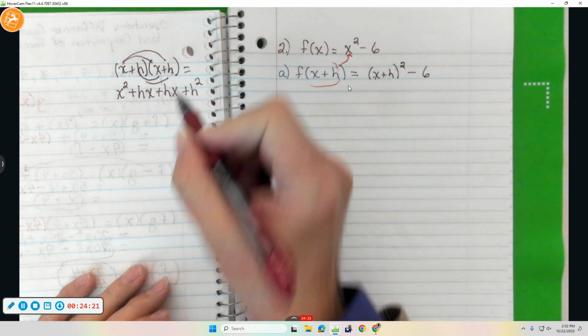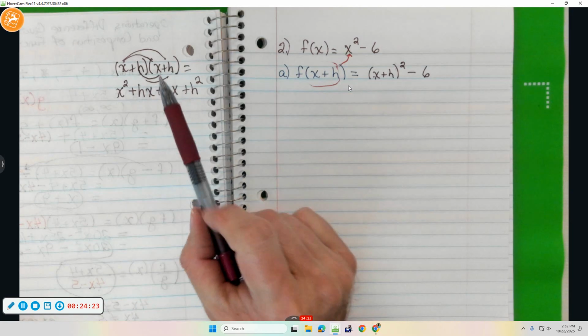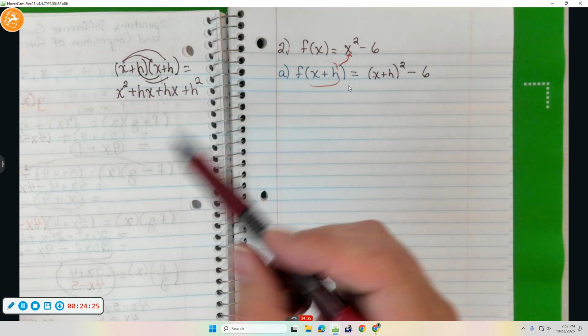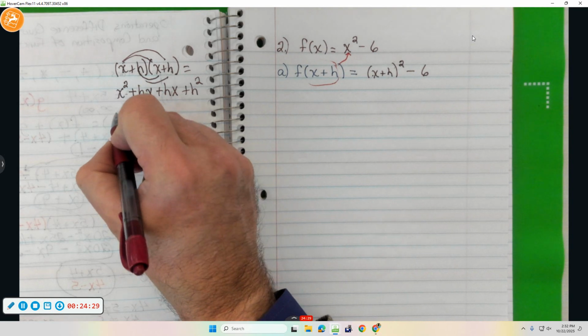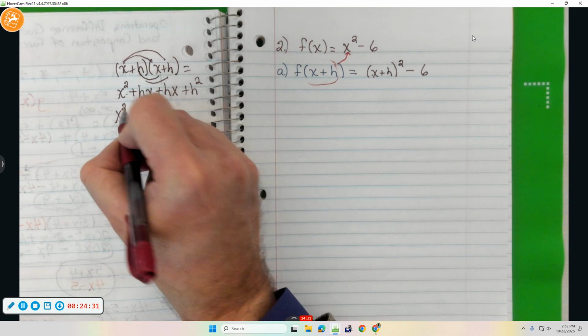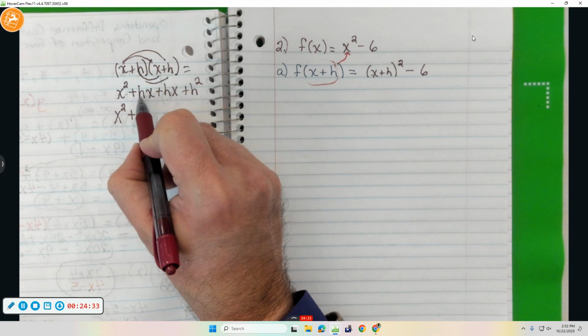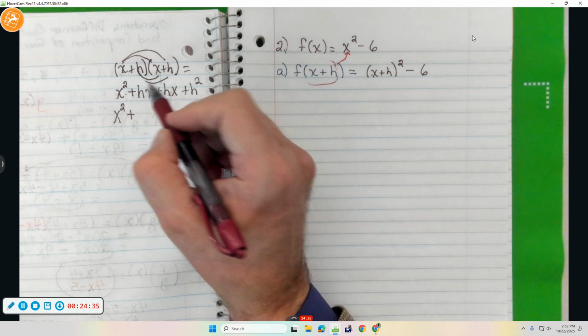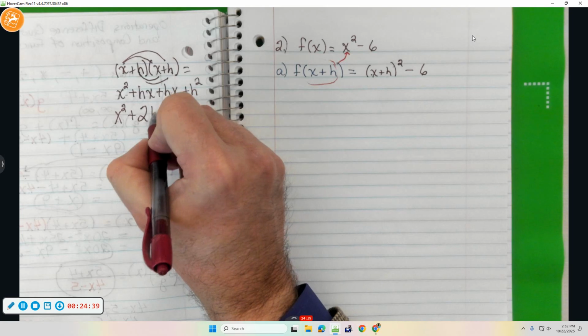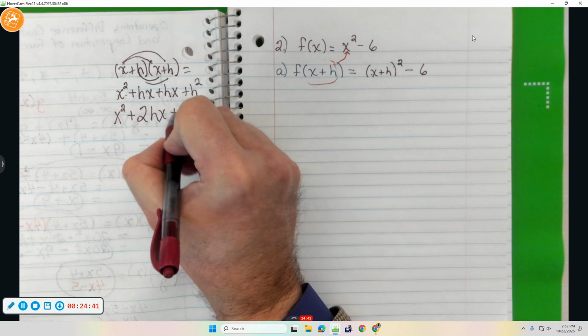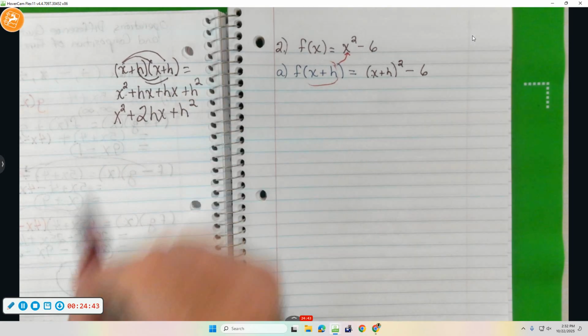Okay. So I'm squaring x plus h times x plus h. Now I'll combine the like terms. There's nothing to combine with the x squared, but that 1hx plus 1hx is 2hx plus h squared.